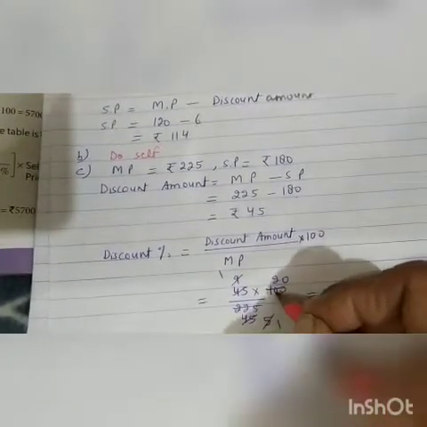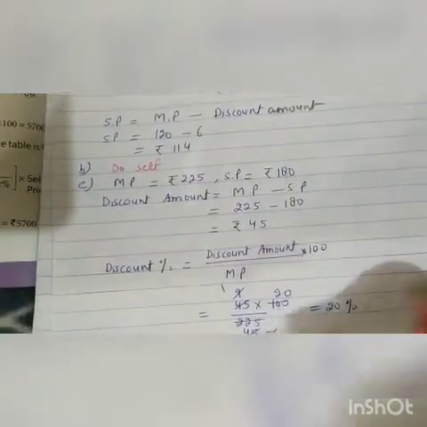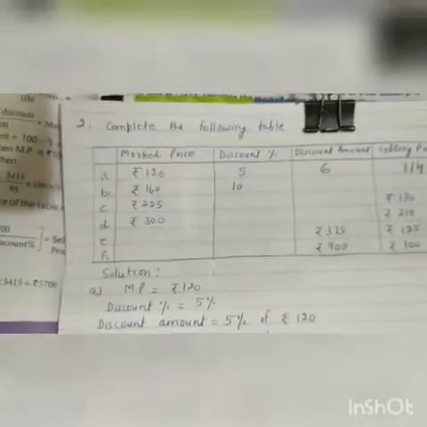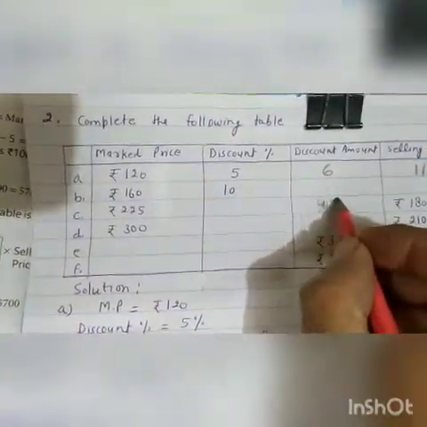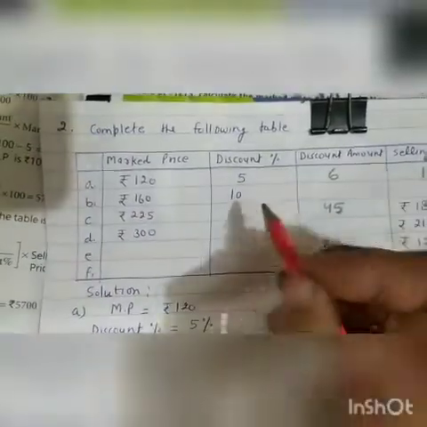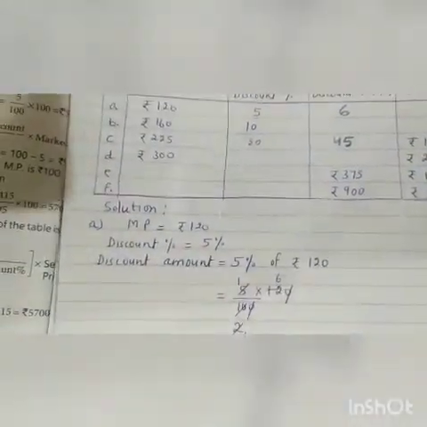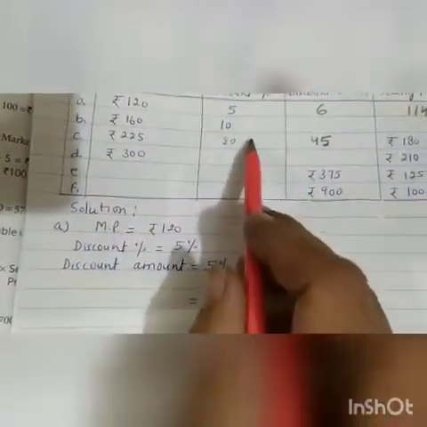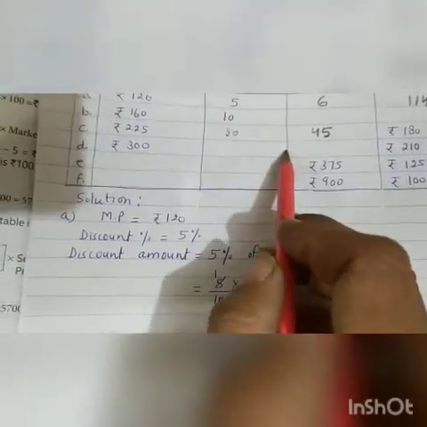Then 5 1s are 5, 5 2s are 10, 0. It is 20%. So the discount amount is 45 and discount percent is 20%. Do its D part yourself, as it is just like part C.